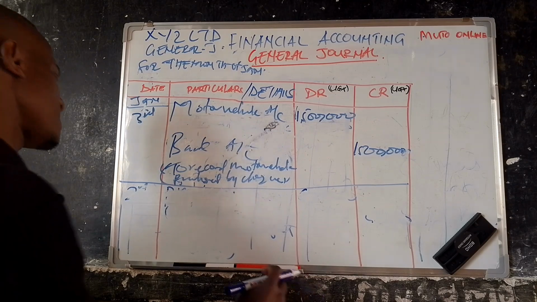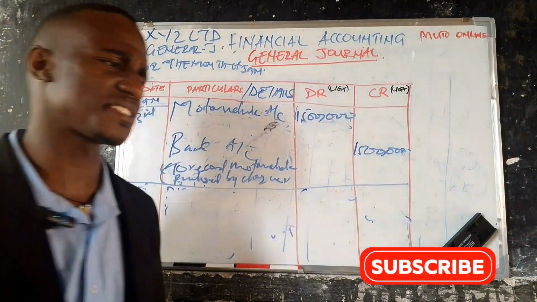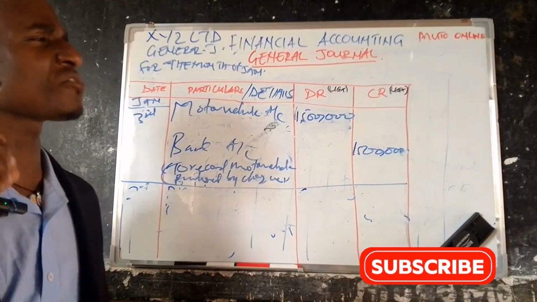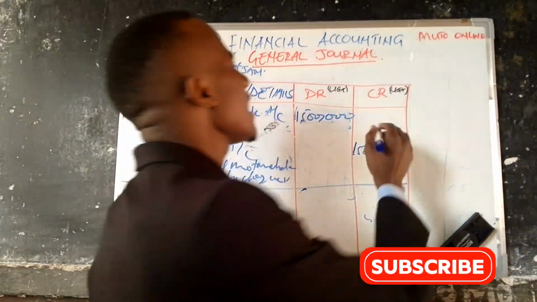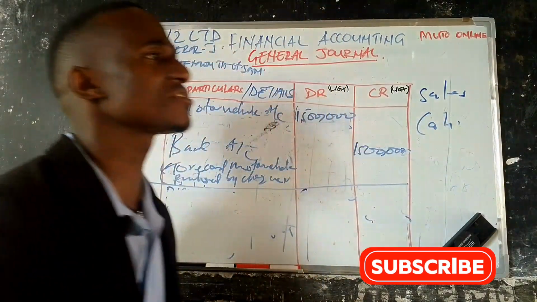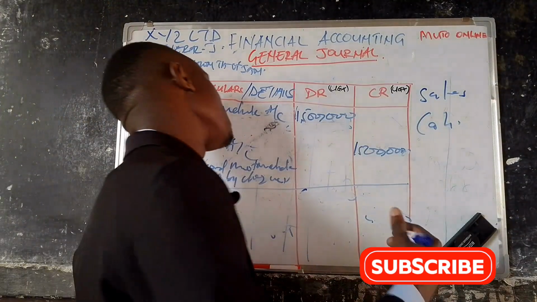One may ask, Jane is selling again for cash? It means that in that transaction, we have sales and we have cash. That is the reason why we don't record names of these people that are buying.